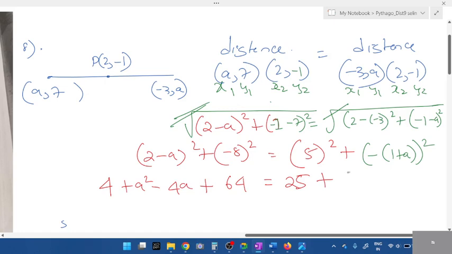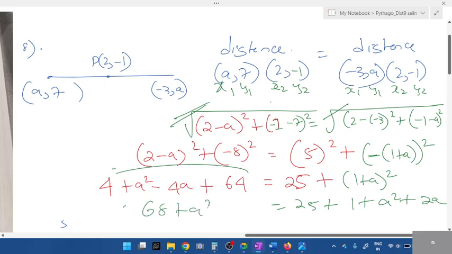So that is nothing but 1 plus a the whole square. Because minus, if I multiply twice, it becomes plus. Now expand this. What is a plus b the whole square? 1 plus a square plus 2a. 6 plus 64, you get 68 plus a square minus 4a.